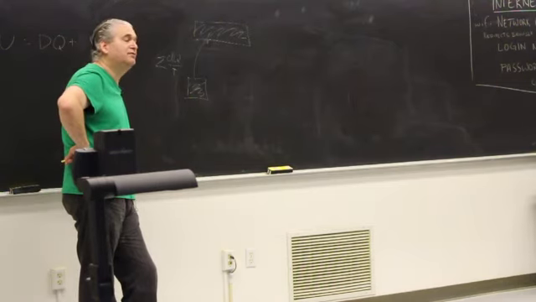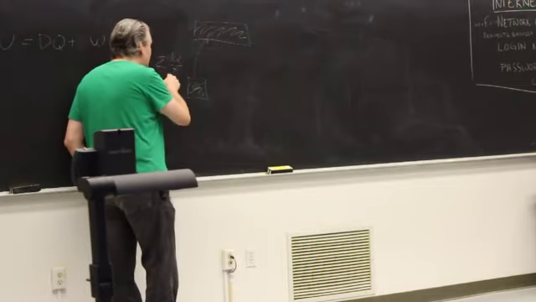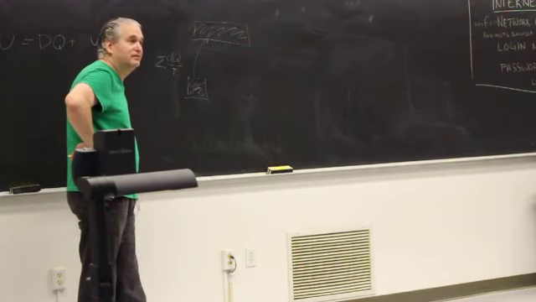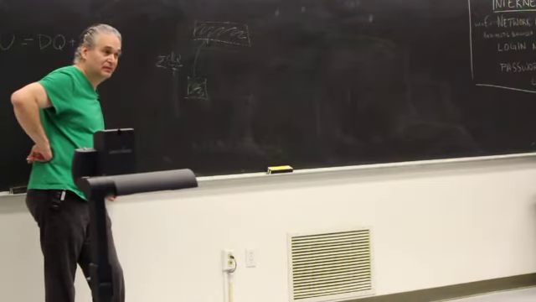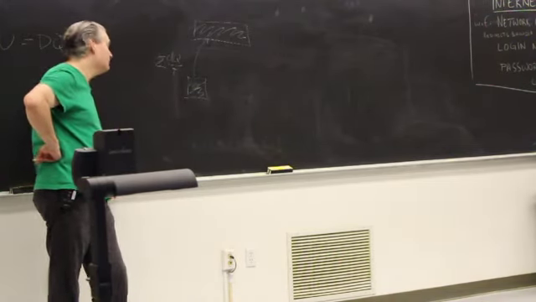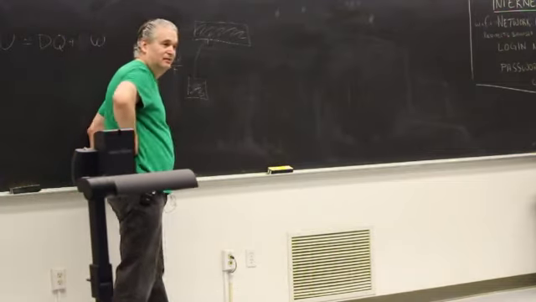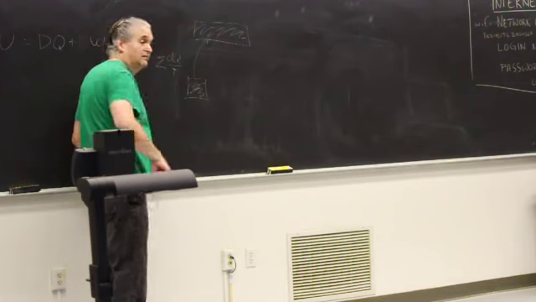Okay? So you need to divide up the process into steps small enough so that over the course of each one of those steps, the temperature is effectively constant. That may, in certain cases, require you to divide it up into an infinite number of steps, in which case this sum will become an integral. But anyway, the entropy difference between this state and this state is defined as this.